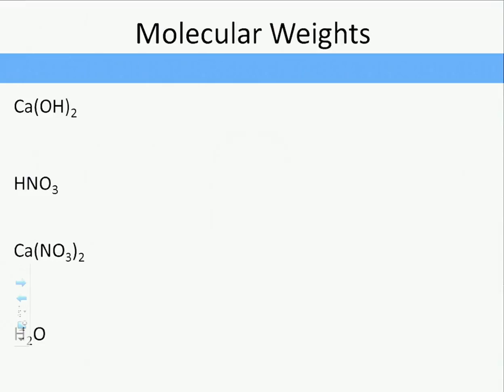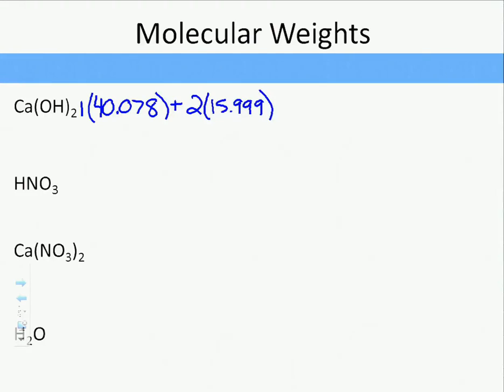Calcium hydroxide. So first off, we have to start out with the molecular weight of calcium. We have 40.078, and we have one of them. So let's multiply that times 1. Now you don't have to write the times 1 if you don't want to. Plus 2, because there's now 2 oxygens, times 15.999.